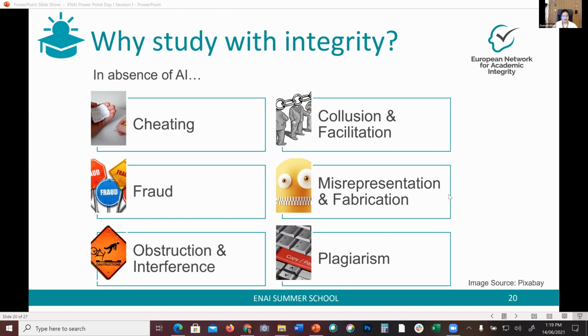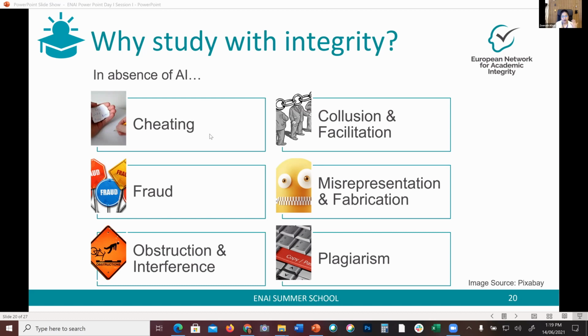This one may just be a quick one, because I'm sure there will be other sessions that will talk a lot more in detail about these. But just to give you a quick view on the different types of academic misconduct that are out there. So we all talk about cheating, right? Exam cheating or plagiarism. These seem to be the usual common ones that everybody talks about.